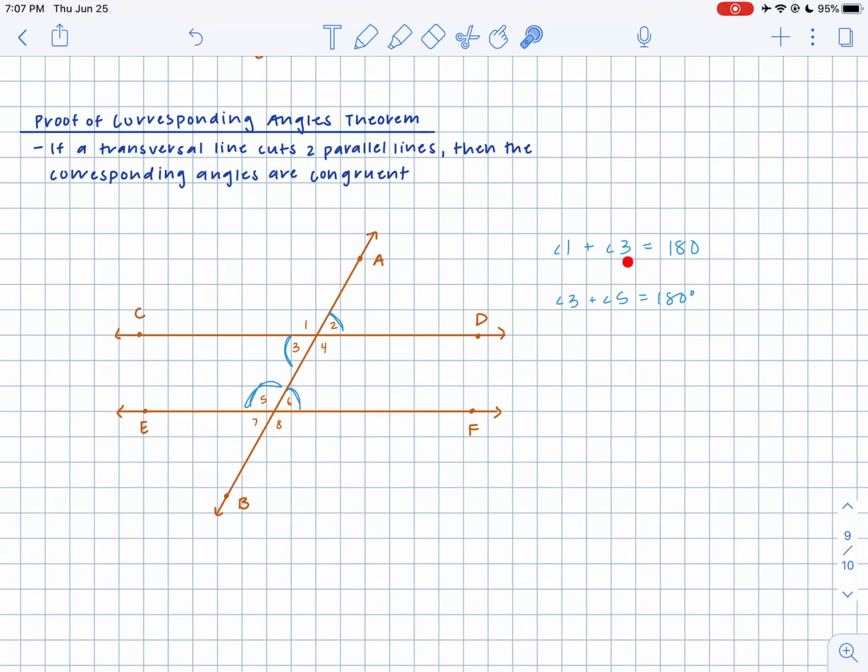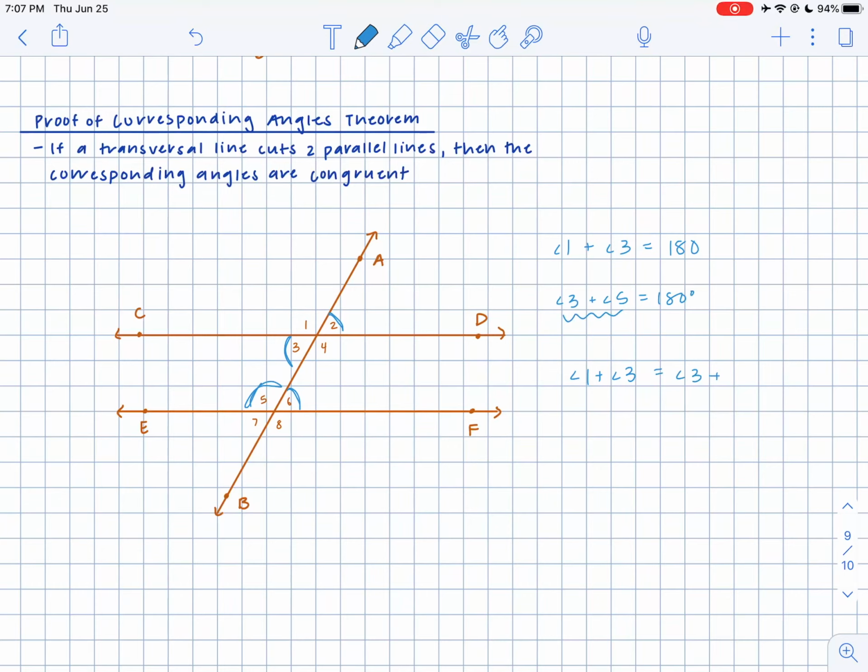So just like we did before, angle 1 plus 3 equals 180, angle 3 plus 5 equals 180, and we can set it equal to each other, right? This is saying that this equals 180. So why don't we take this expression and plug it into here instead of 180? So angle 1 plus angle 3, right? I'm just rewriting this, but instead of writing 180, I'm going to replace it with this.